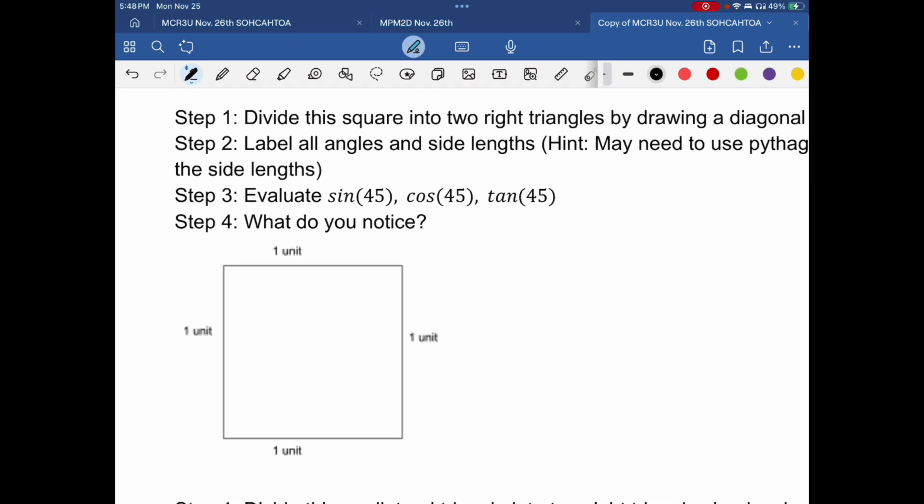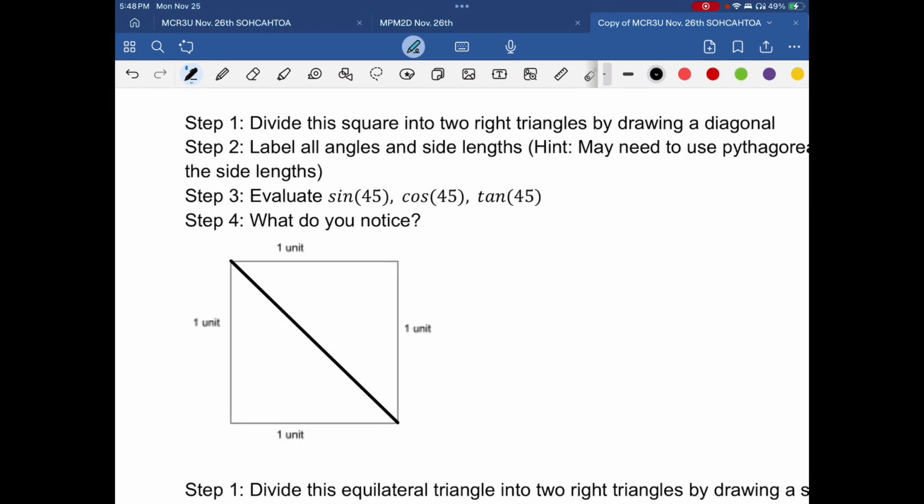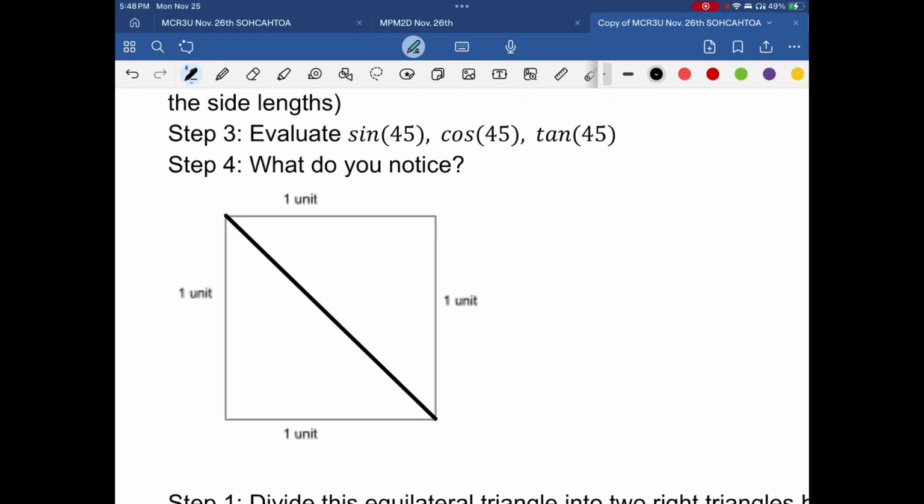Diagonal. So I'm going to draw a diagonal. Okay, so because it's a square, I know that I've made two right angle triangles. And because right angle triangles are denoted by having the little 90-degree square, I'm going to draw that in my corners.